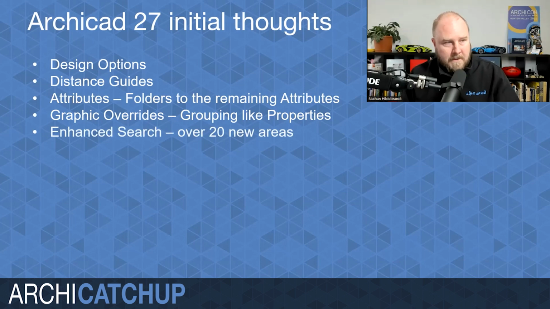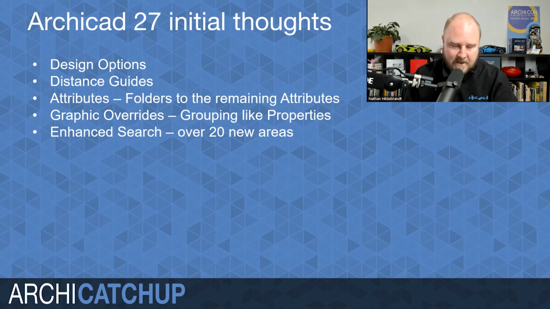The potential folder killer: enhanced search. Graphisoft have claimed that they put this search functionality into 20 new areas within Archicad. For me, I've really found the search functionality in building materials and surfaces over the last year means I just type in the first few digits and bang, away we go, straight in, and we hone in on that surface or building material without needing folders.